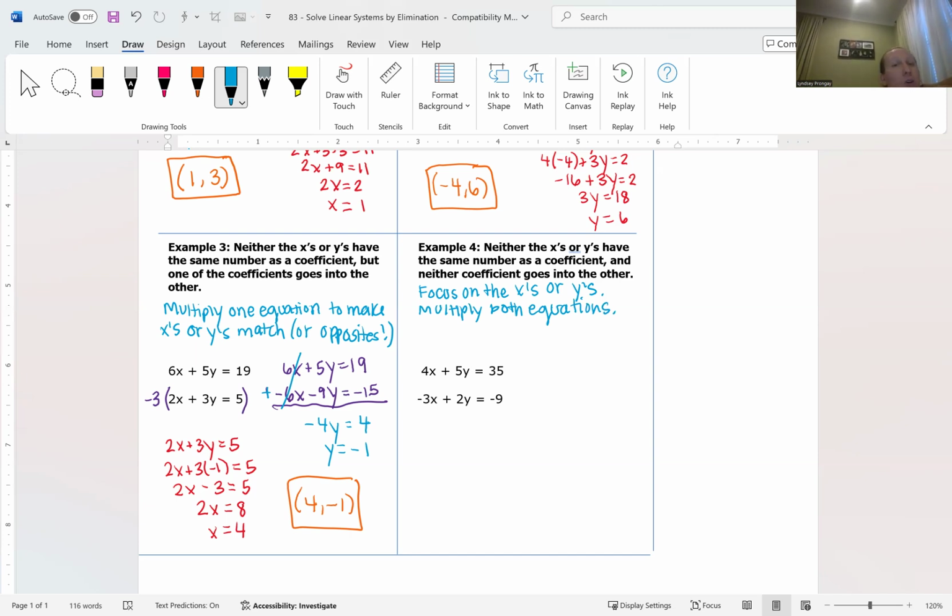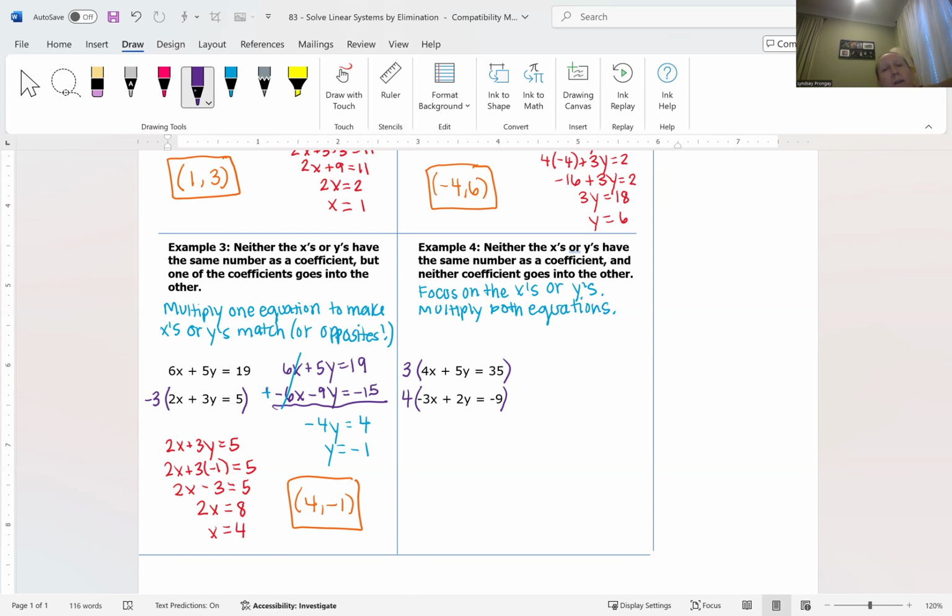Okay, so, okay, I'm looking at this. I have 4x and negative 3x, 5y, and 2y. I think I'm going to focus on the x's because they're already opposites. Not opposites, but they're different signs. Okay, which means when I multiply them, they will be opposites. So I'm going to say, let's turn this one multiply by 3 and this one multiply by 4.